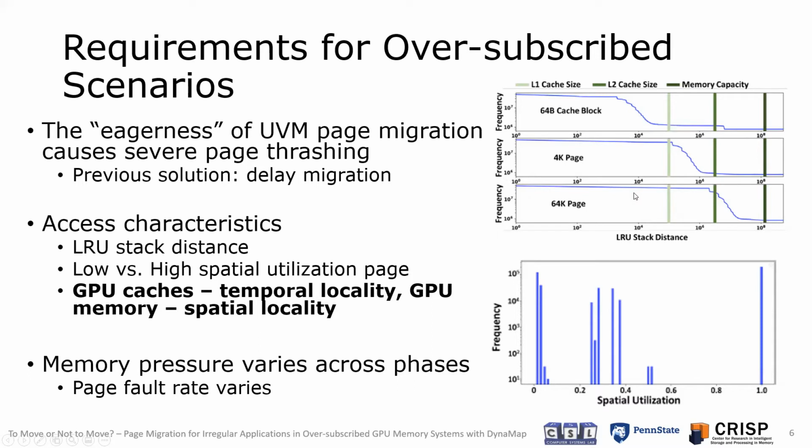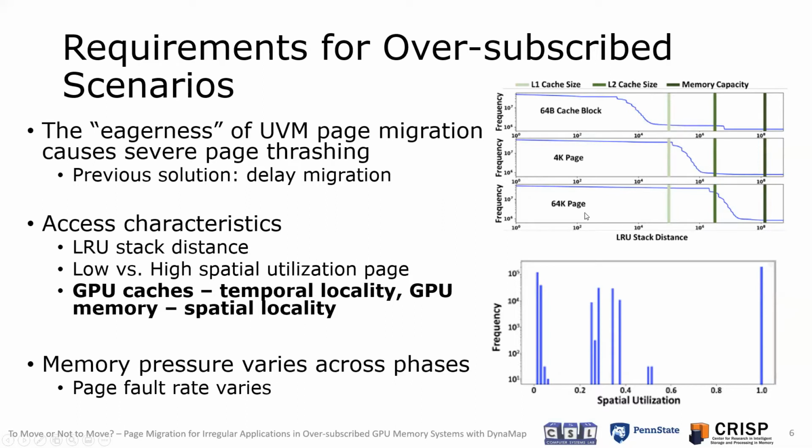It means that the access pattern is not spatially contiguous, and the LRU stack distance gets larger with the coarser granularity. Also, you can see the working set can fit in the level 1 cache or level 2 cache, but it cannot fit with the 64 KB granularity.